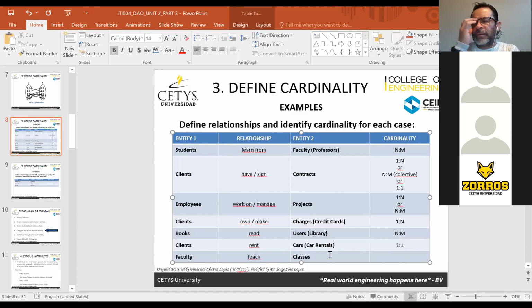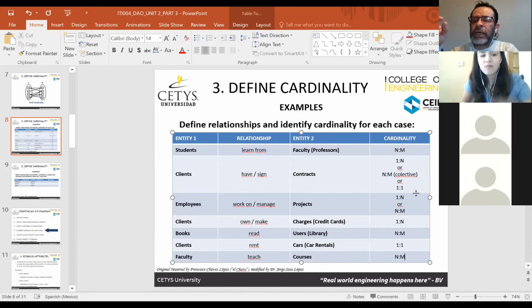This is academic terminology, and I am going to change this from courses to classes, just because of my OCD. If we have faculty teach courses, who said the many to many? Me, Estrella. Okay, now if it were courses, the many to many would apply.